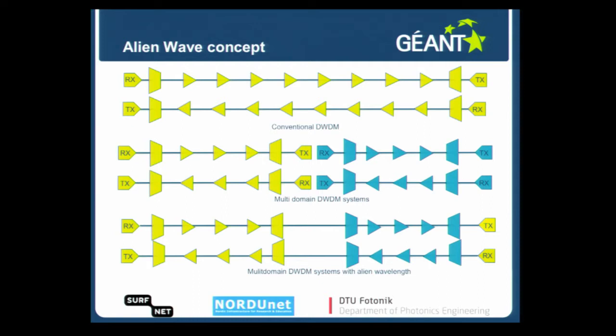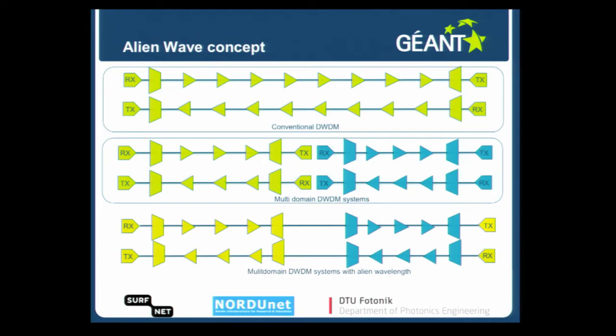Okay, briefly the alien wave context. In conventional DWDM systems, we have the normal optical tools like amplifiers, couplers, filter components, splitters, whatever, comprising end-to-end systems with transponders at each end.